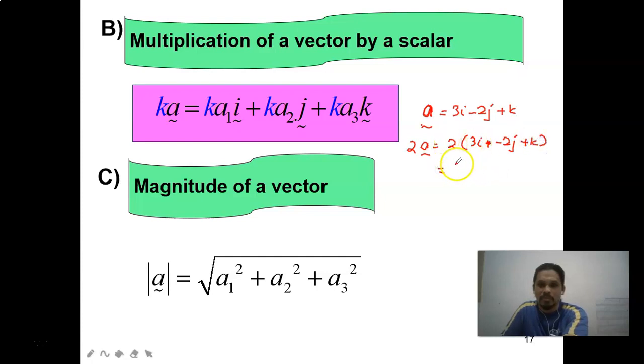So 2 times 3 equals 6i. 2 times negative 2 equals minus 4j. 2 times 1 equals 2k. Okay, that's an example here.